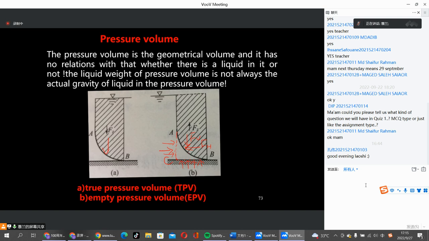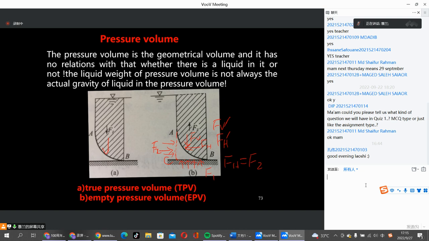So according to action and reaction forces, the force by the fluid on the curved surface should be Fh prime, Fv prime. And here again, still Fh. This will be F1, this will be F2. So Fh should still equal F2.